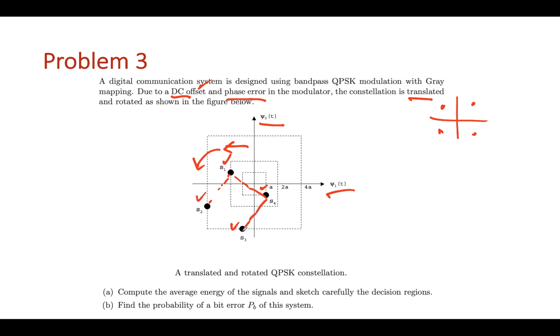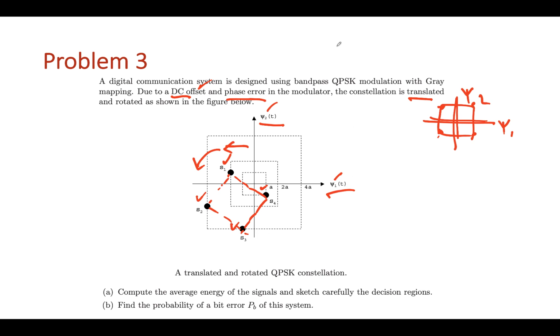So instead of looking like a square aligned to the axis, it is translated and rotated. The notation of the orthonormal axes is different here, but that doesn't matter.